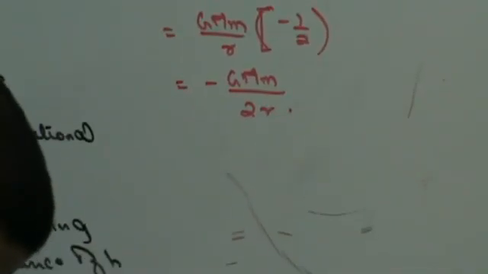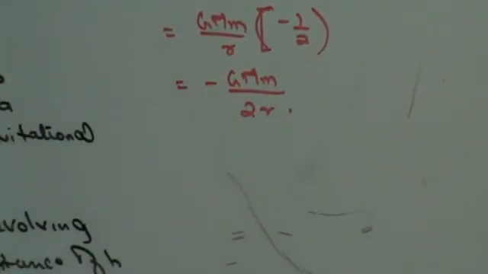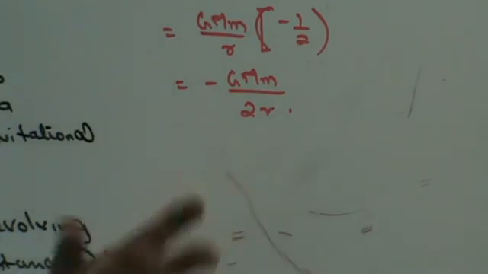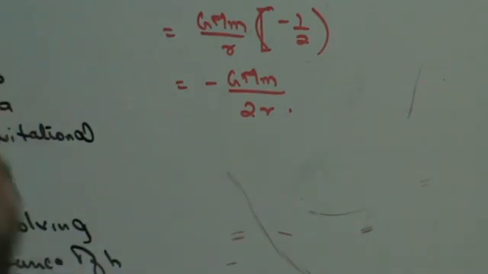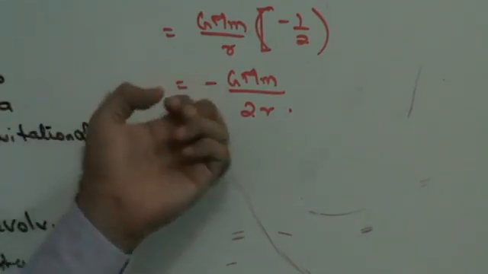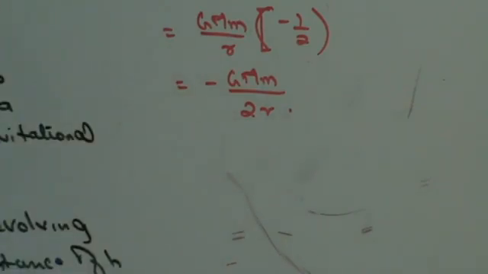Now, once I know the total energy possessed by the satellite, this is the energy that is holding the satellite onto the earth. This is the energy that is binding the satellite to the earth. That means if I give energy equal to this in opposite direction, the satellite will escape the gravitational field of the earth, right? The negative sign shows that it is being attracted towards the earth.